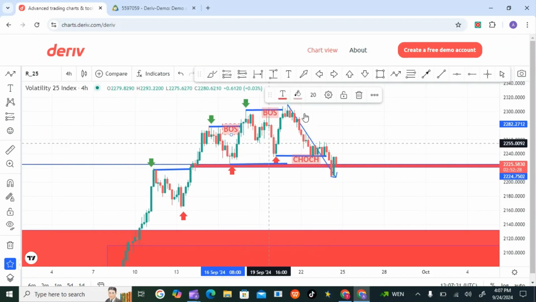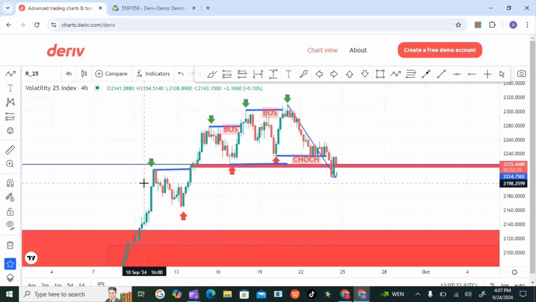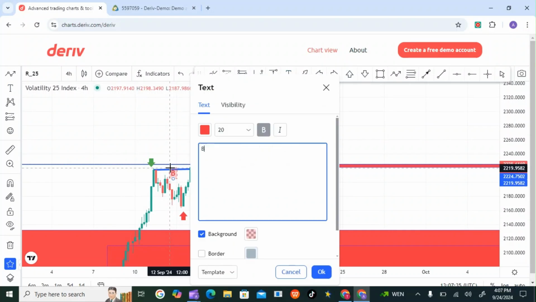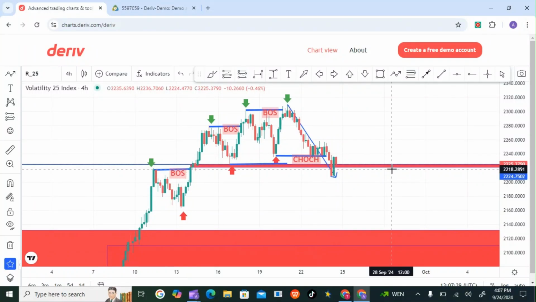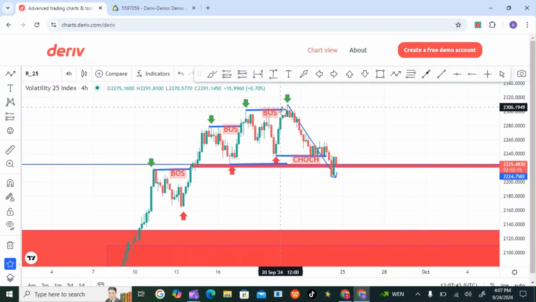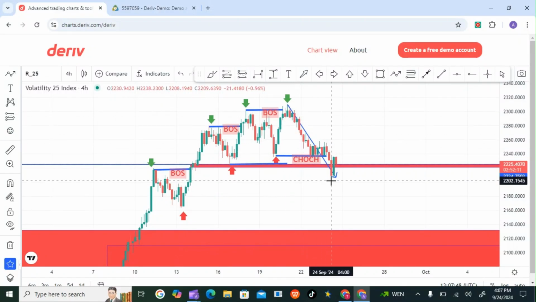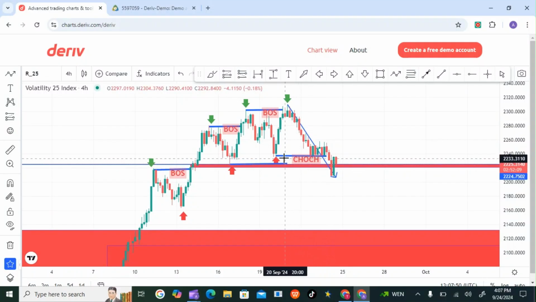So I hope you understand what I'm talking about and how you know how the market is trending. BOS, that's a break of structure. So you see this BOS, break of structure, moving on the upside. You can see it has now created a downtrend, which has led to a change of character. So what do we expect now? We expect a change of the direction of the market.